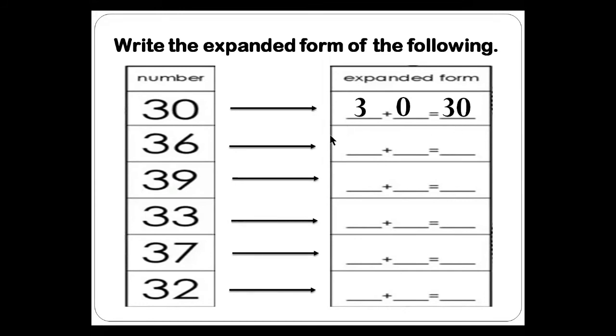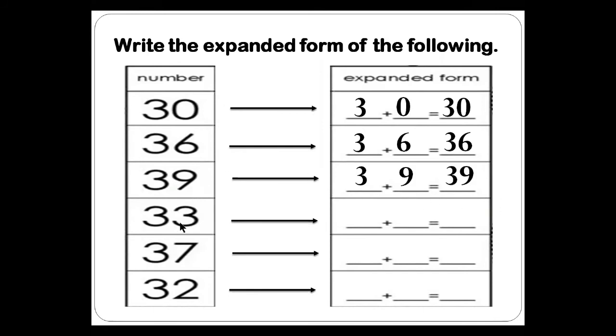Second number is 36. What will be the expanded form? Which number will we write first? We will write 3, then 6, and it will become 36. Third number is 39. Which number will come first? 3, then 9 equals 39.